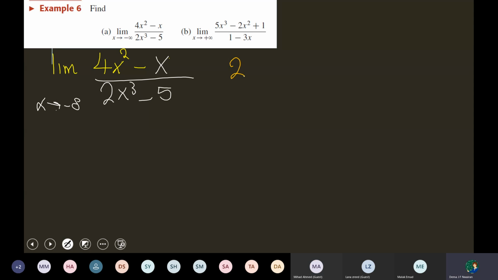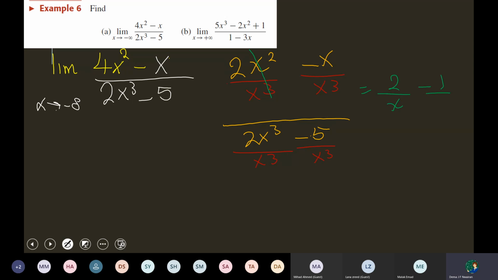So I will divide each term by x cubed. Then here it will be 2 over x minus 1 over x squared, over 2 minus 5 over x cubed.